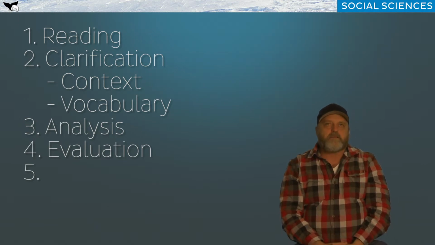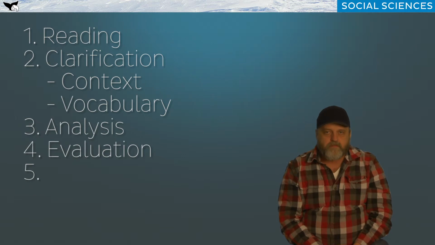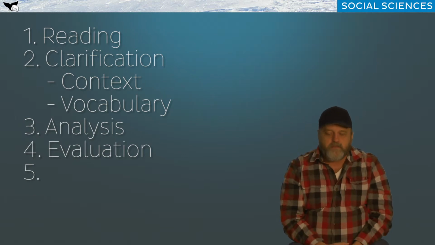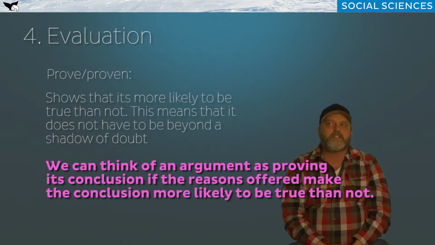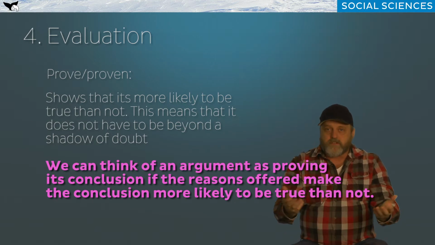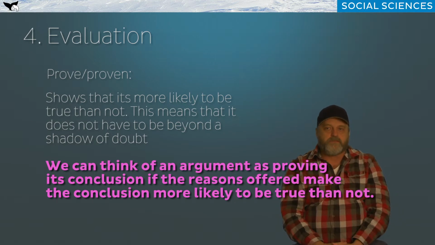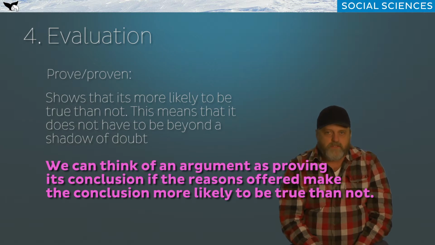When you evaluate an argument, there are 2 major components. What you're basically doing is asking of any given argument, has it proven what the author meant to prove? Has it proven the truth of the conclusion? And we have a word for arguments that successfully prove the truth of the conclusion. That word is sound.